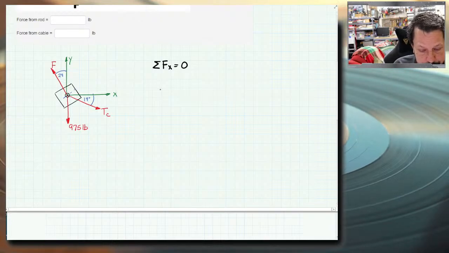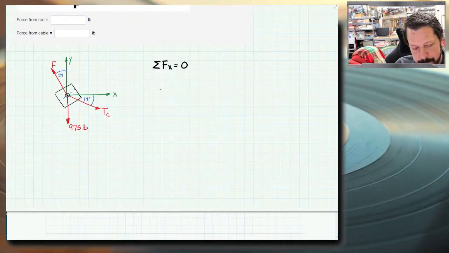So the way I've drawn it, I'm pretty sure I drew the TC arrow the right way because it's a cable in tension. And I'm pretty sure I've drawn the F correctly. But don't worry too much if you don't know which way to draw the arrows. All that'll happen if you draw them backwards is you'll get a negative number telling you that you should have drawn that arrow the other direction.